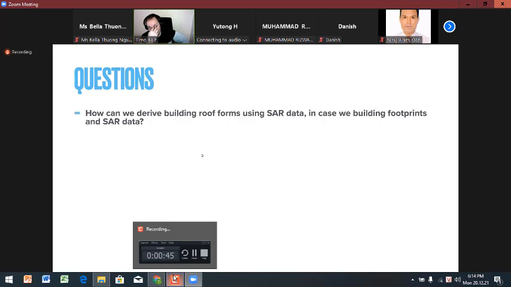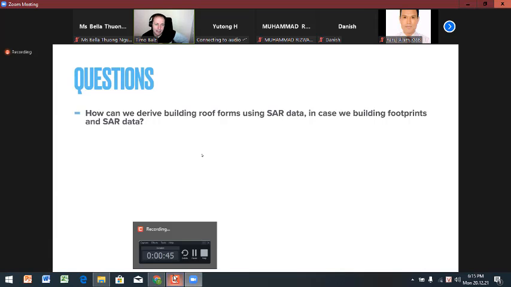If you want to do such roof form reconstruction from LiDAR data, you're going to have many points on a single roof, so you can reconstruct that very well. For SAR data, you would have a limited number of measurements. Depending on the roof structure, you may get no measurement from the roof directly.